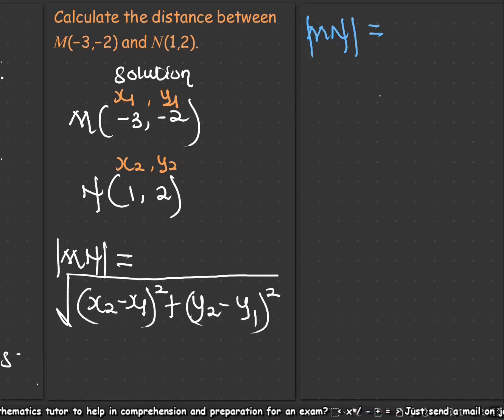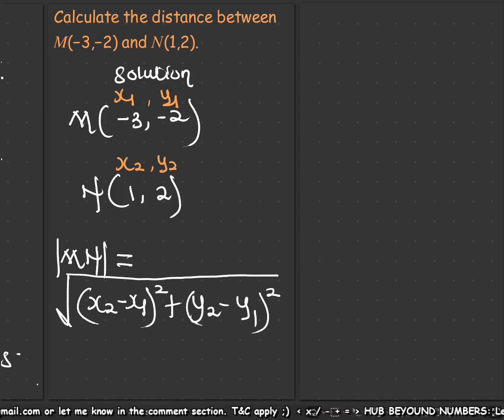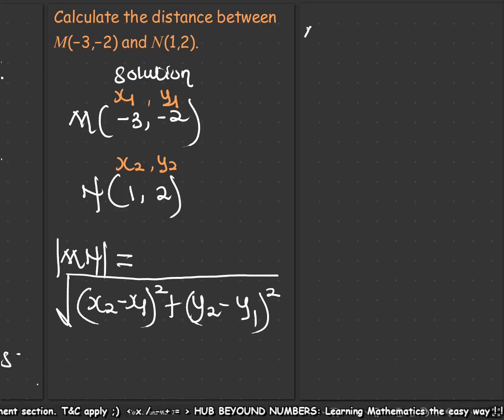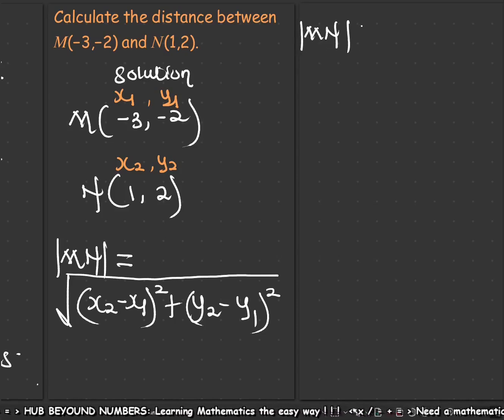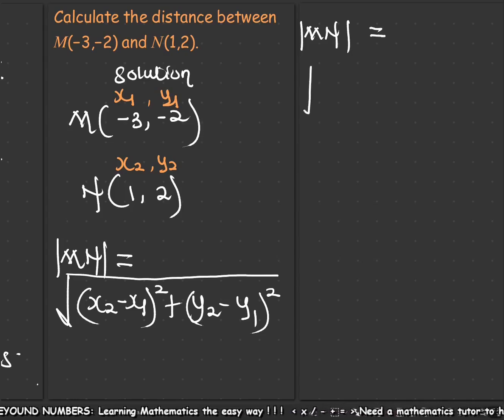You see, so this should mean your integers should be fine, because if you cannot work integers, you are going to miscalculate or change some of the symbols. So now that we have our formula, doing our substitution is just going to be direct. Okay, so you are going to say the distance between M and N, magnitude MN, is going to be equal to the square root of, we said x2 minus x1.